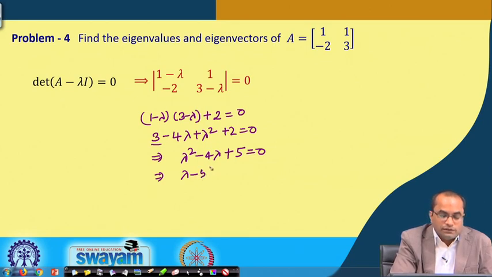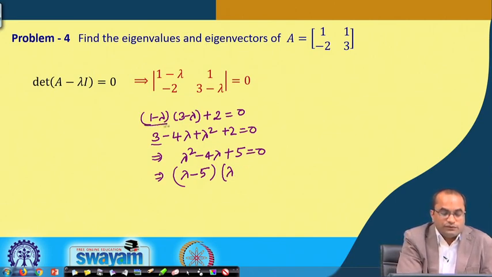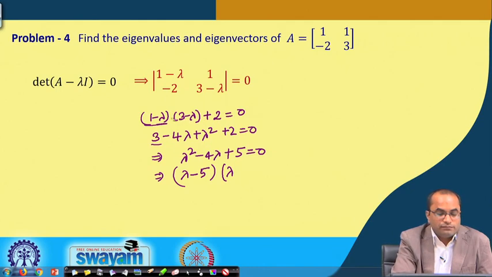Once more here: we have the 3, and then minus 3 lambda also minus lambda, so it will be minus 4 lambda, and the minus minus gives lambda square and then plus 2. So, we have the lambda square term as it is, and minus 4 lambda and plus 5 is equal to 0. So, we get the roots for this equation.